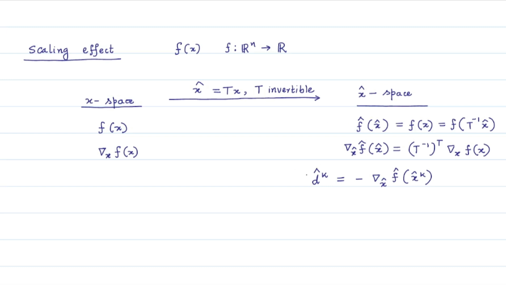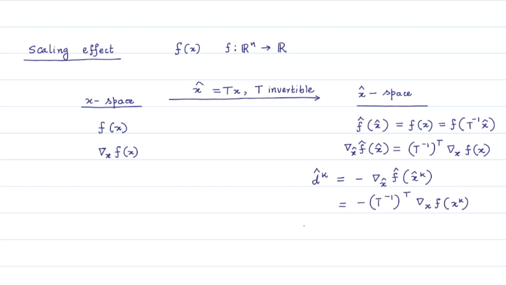So this dk hat may not represent a unit direction. So this dk hat is given by this expression, which in terms of the gradient in the x space is equal to T inverse transpose the gradient with respect to x of the function f at the point xk.